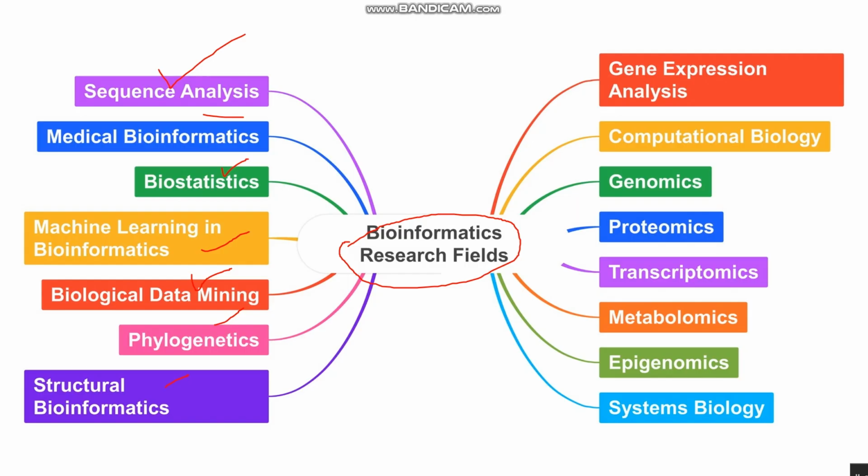Then gene expression analysis, computational biology, genomics, proteomics, transcriptomics, metabolomics, epigenomics, and at the end, systems biology, which is about the simulation of system functions. You don't need to know the whole, but if you gradually learn all the research fields, you will be a good bioinformatician.